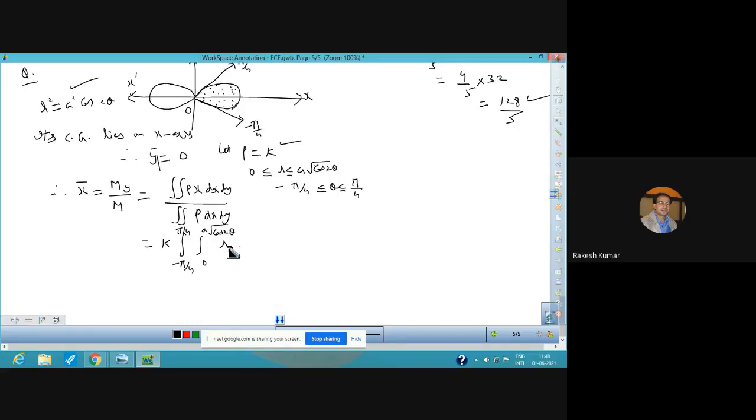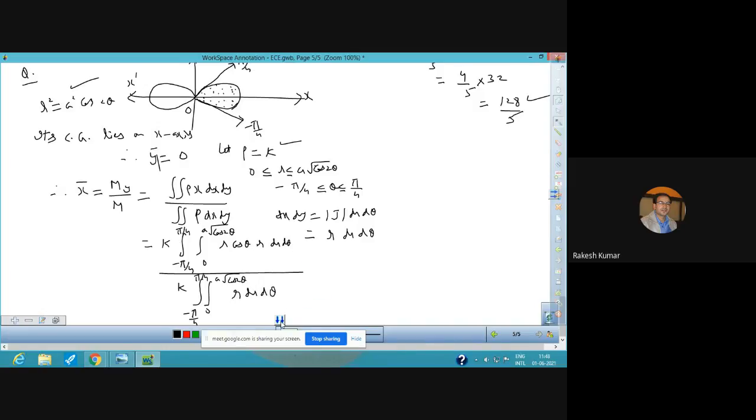So x is r cos theta, and in place of dx dy, you know it is standard, that is the Jacobian dr d theta, and the Jacobian of two-dimensional coordinates is r, that is r dr d theta. So use it straight away and put the value of k. So minus pi by 4 to pi by 4, 0 to a square root of cos 2 theta, then r dr d theta.